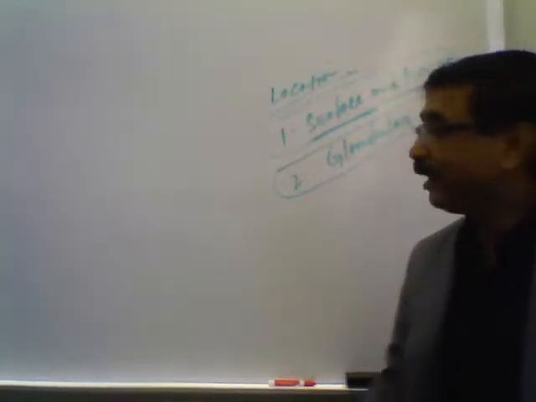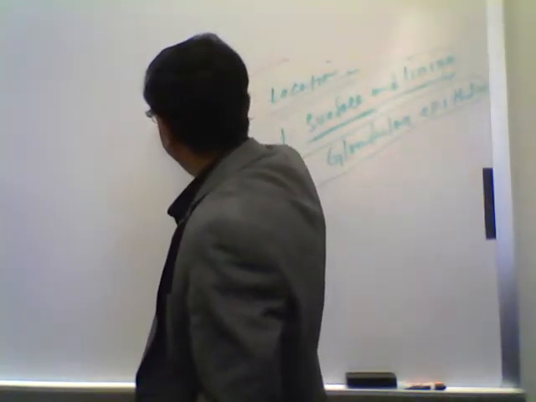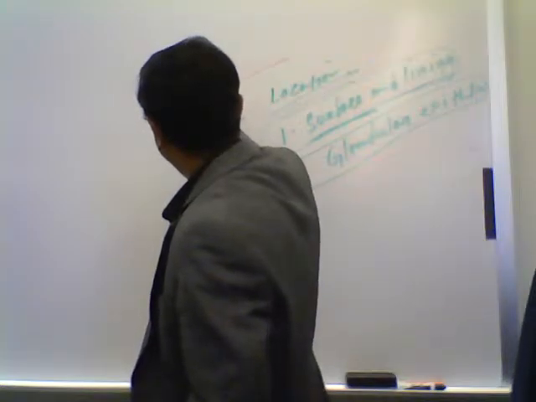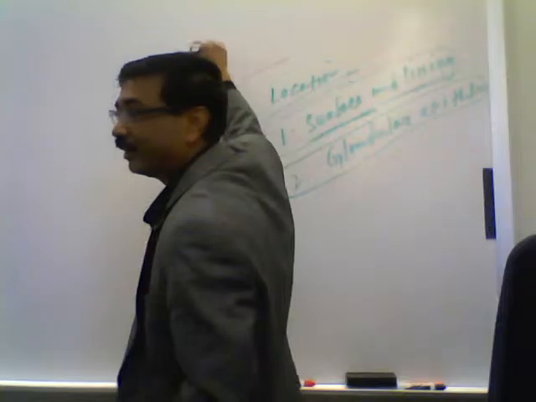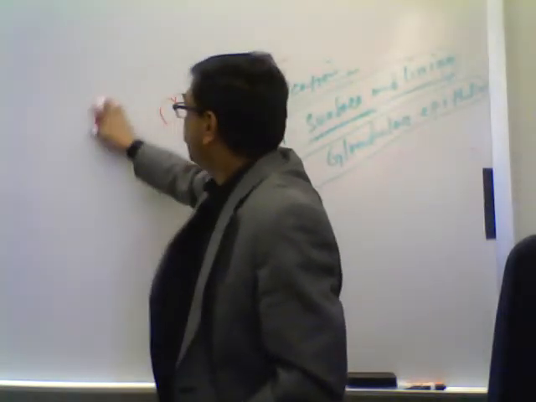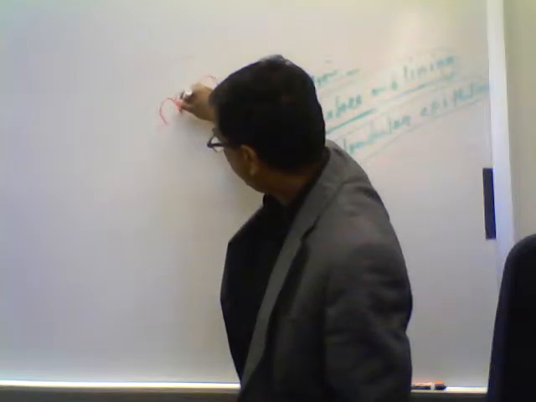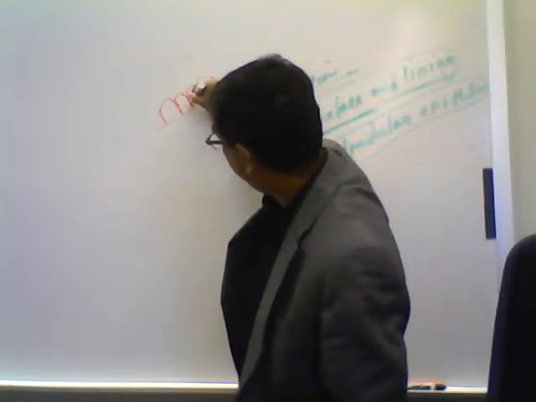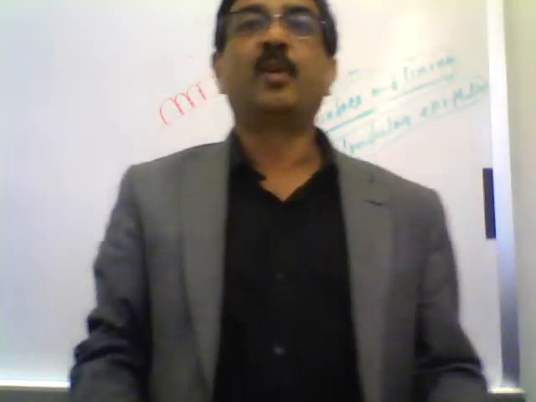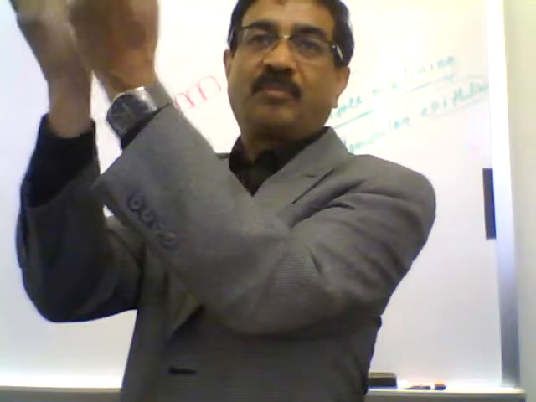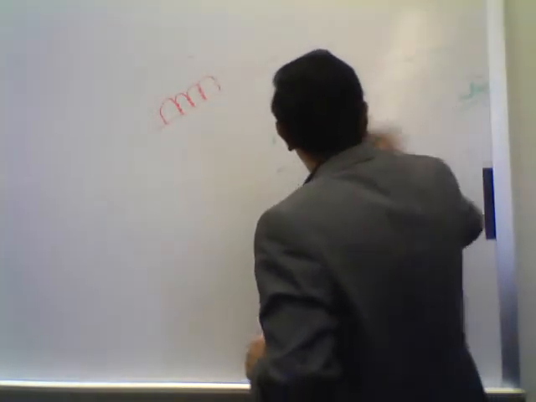You have seen every time I draw the epithelial tissue, what do I do? I draw a number of cells and attach them side by side, right? I don't draw like one is here, another is here. I don't do that, right? That means the epithelial cells are attached to each other. Cell membranes are attached to each other by intercellular junctions. Special attachment. That is number one.